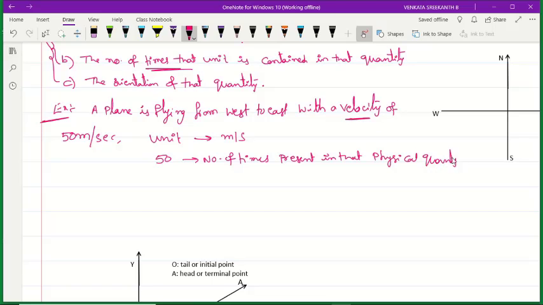Next, the direction: west to east is the direction, the orientation of the quantity.